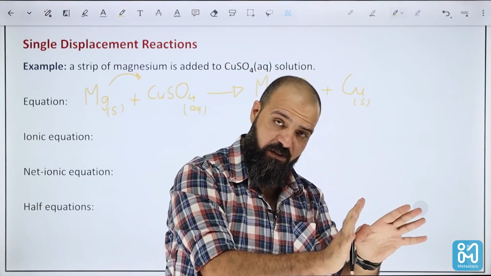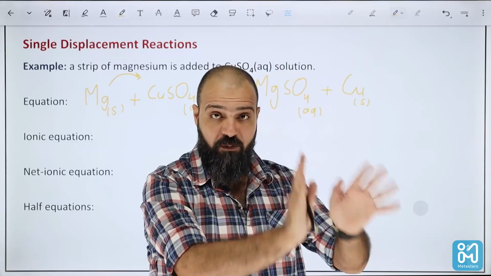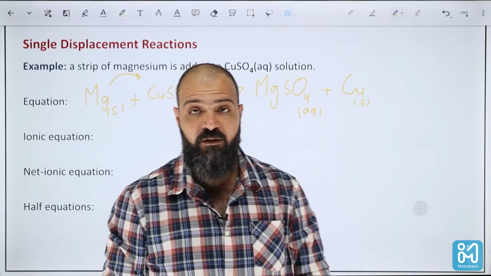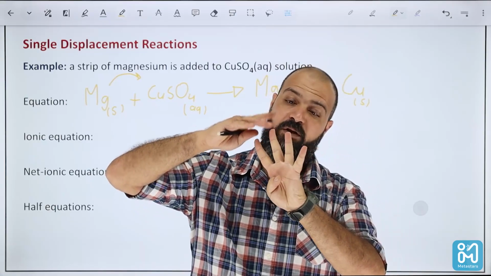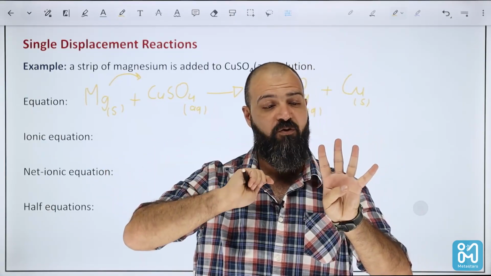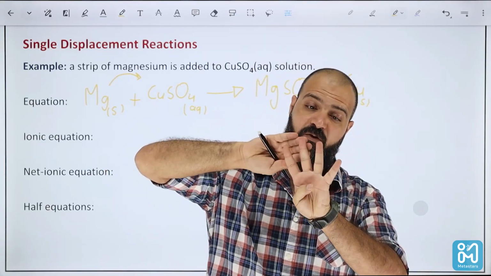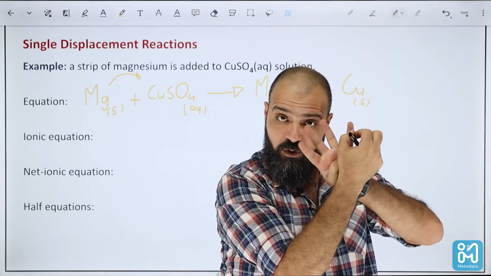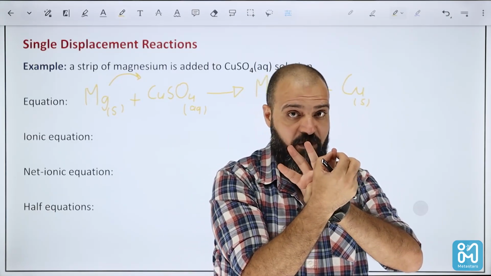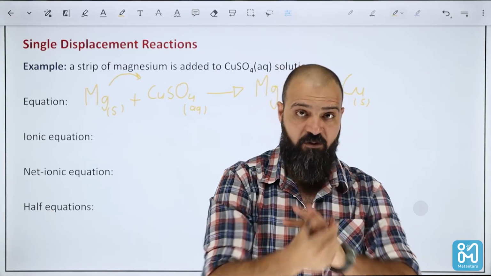Keep it in aqueous state, or keep the formula the same. Do not break it down into ions. Please, we keep solids. It means, Ustaz, to write an ionic equation, we keep solids, liquids, gases, weak acids, and weak bases, even if they are aqueous. Do not break them down into ions, even if they are aqueous.